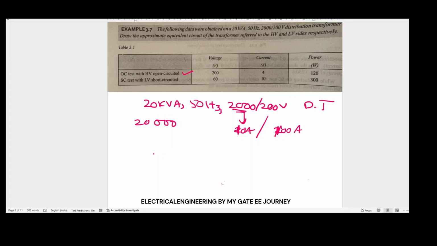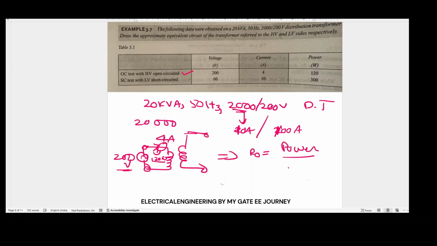From this we can find R naught, which compensates our core loss power, as input power divided by input current squared. That is 120 by 4 into 4, which is 120 by 16. In this way you can get R naught on the OC side.